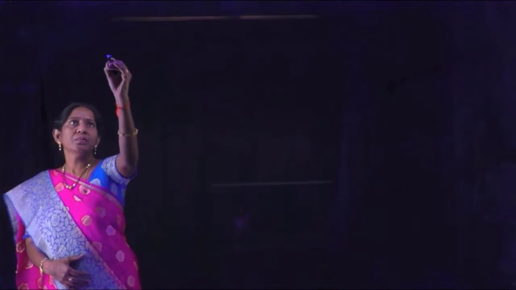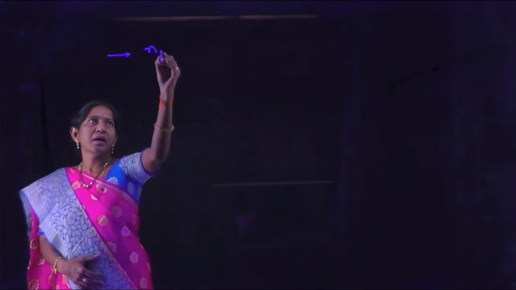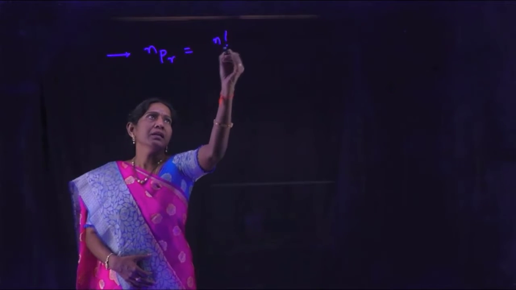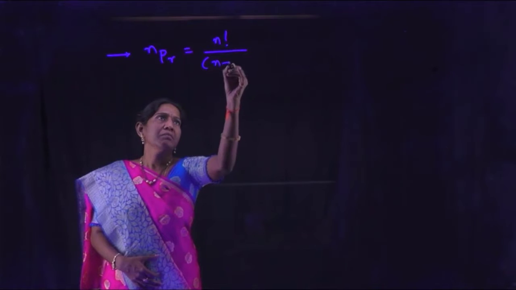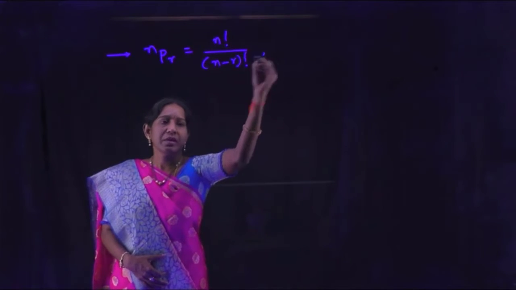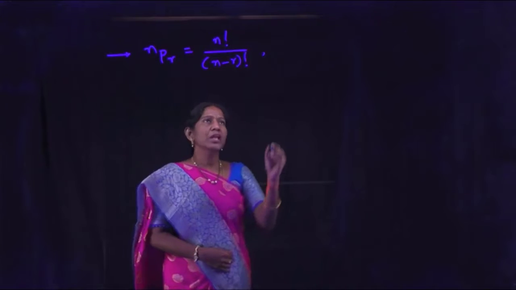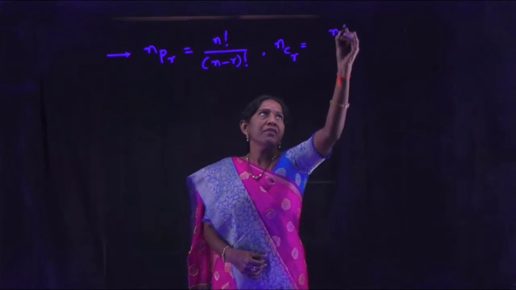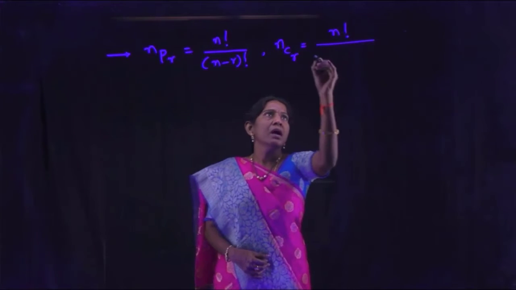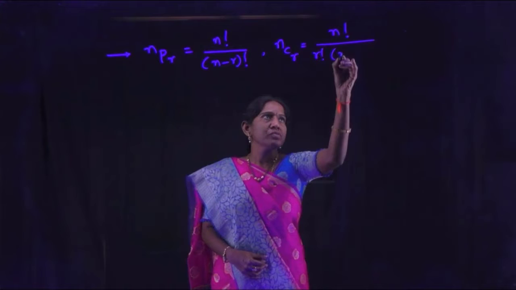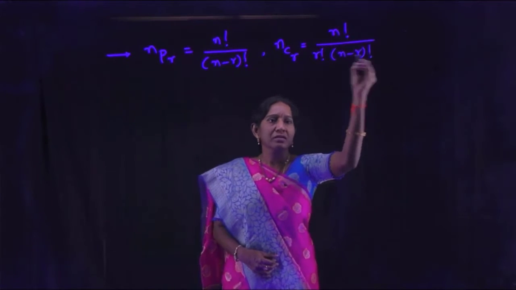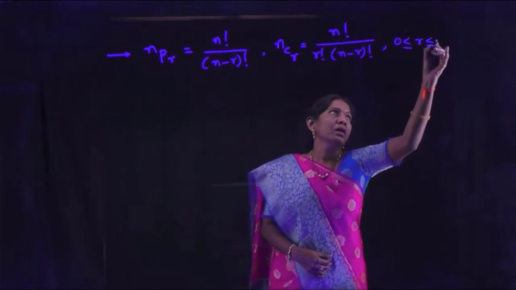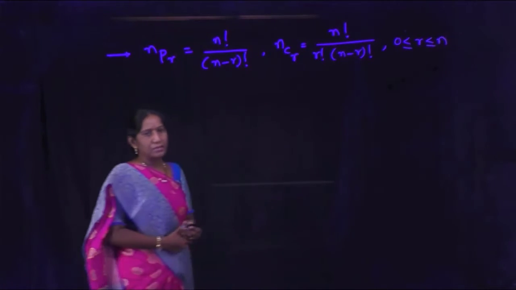Already we know the formula for nPr is n factorial upon (n minus r) factorial. And the formula for nCr is n factorial upon r factorial times (n minus r) factorial, where 0 is less than or equal to r, less than or equal to n.